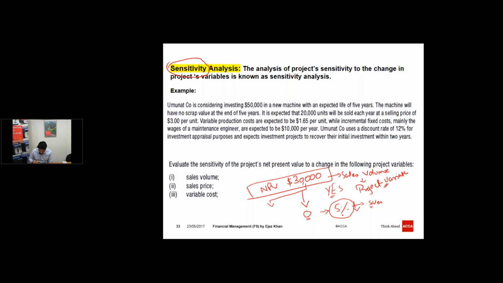So if a 5% fall in selling price will make your NPV zero, it means the project is 5% sensitive to the selling price. What this information will help us in is that we'll come to know to which variable the project is more sensitive. So we'll be taking care of that variable with a higher priority than others.